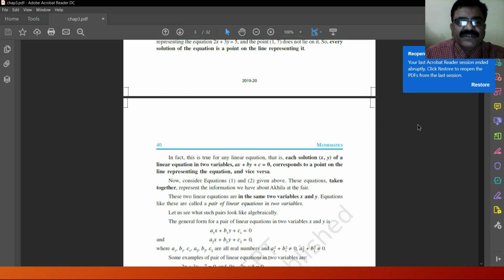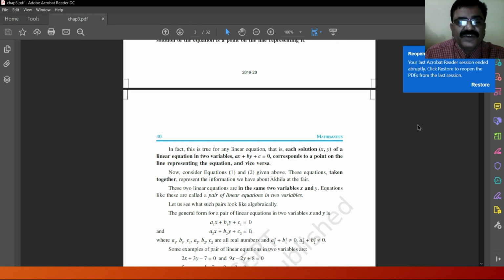The general form for a pair of linear equations in two variables x and y is a1x plus b1y plus c1 is equal to 0 and a2x plus b2y plus c2 is equal to 0, where a1, b1, c1, a2, b2 and c2 are all real numbers, and a1 square plus b1 square not equal to 0, as well as a2 square plus b2 square not equal to 0.